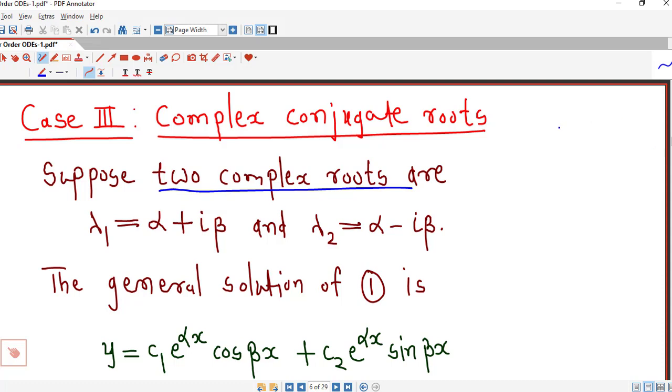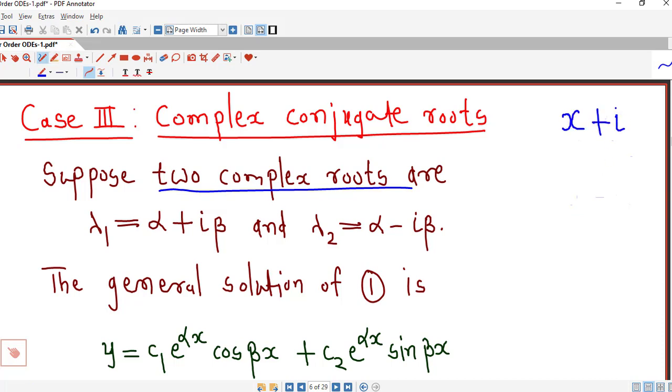We recall that if x plus iy is a complex number, then its conjugate is given by replacing i by minus i. So x minus iy is the conjugate of x plus iy, and similarly x plus iy is the conjugate of x minus iy, where x and y are called the real and imaginary parts.